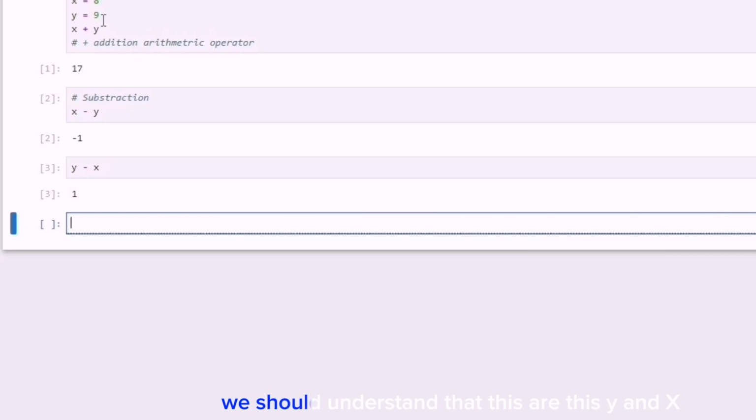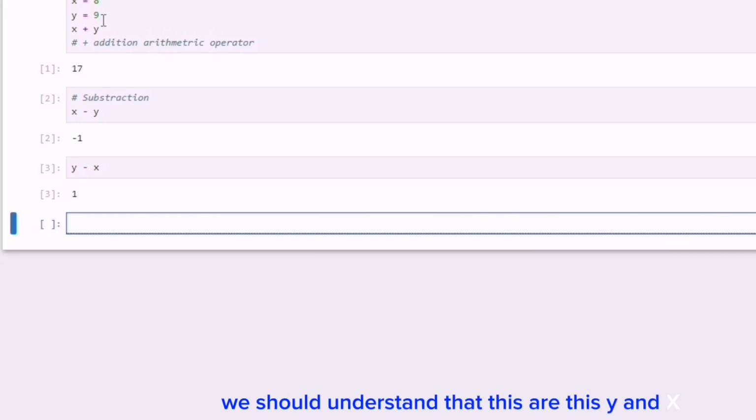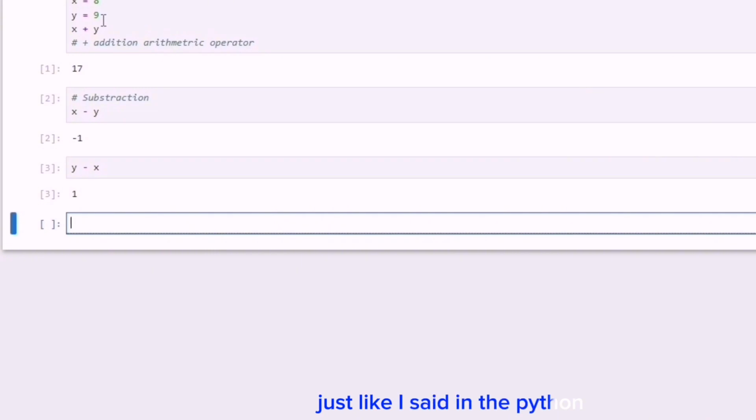Please, we should understand that these y and x, just like I said in the Python variable videos, are location reference points. That is, memory location reference points. This y you see here is simply 9 and this x is simply 8.